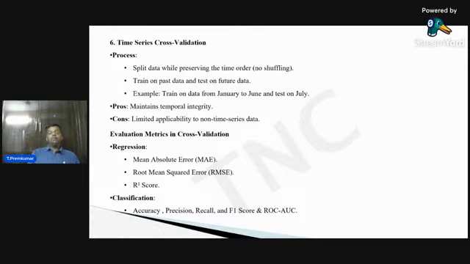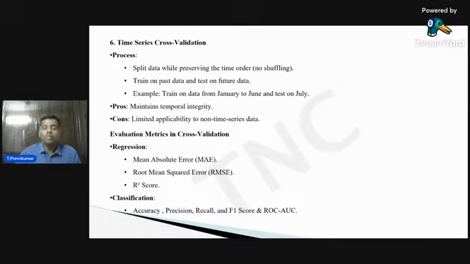For example, train on data from January to June and test only on July, so we go for the future while taking the data from the past. The pro is that it maintains temporal integrity, and the con is limited applicability to non-time series data. So we can use it only for time-based data.